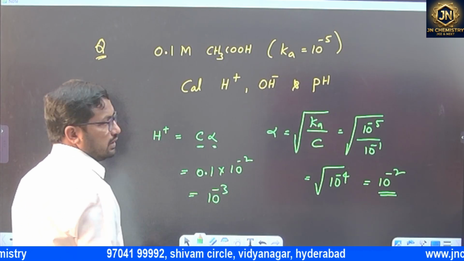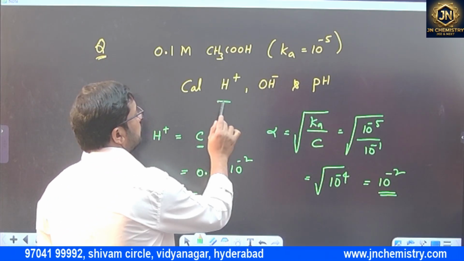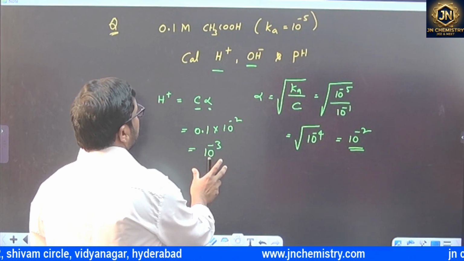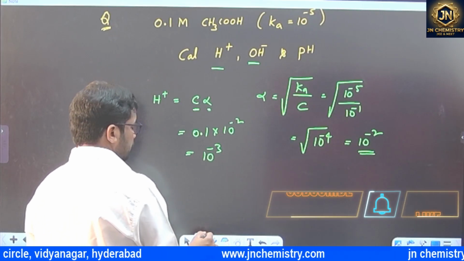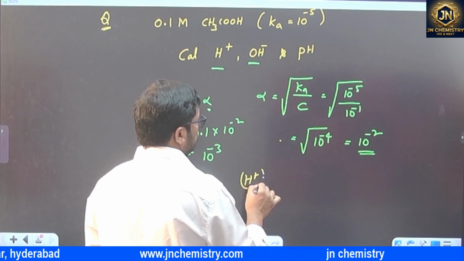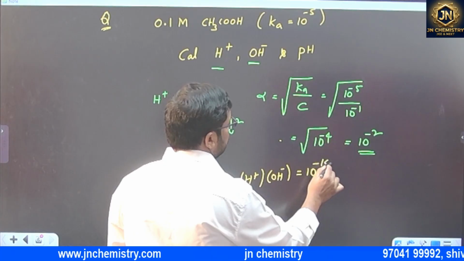H plus ion concentration is 10 to the power of -3. What about the OH minus ion concentration? H plus ion concentration into OH minus ion concentration equals 10 to the power of -14.